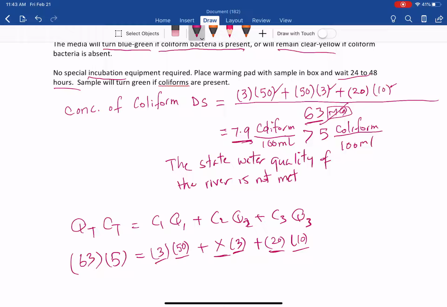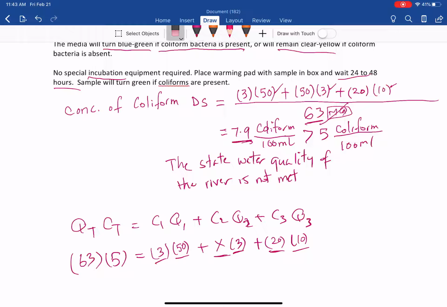Okay, nice. Now I should rearrange this and find out X. What will be the concentration of coliform bacteria per 100 ml of Town number 1 in order to reach the state standard?